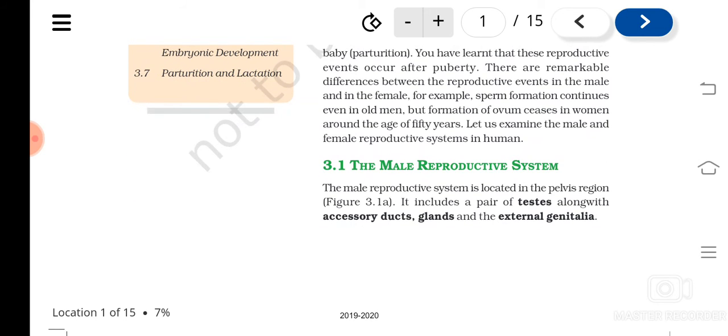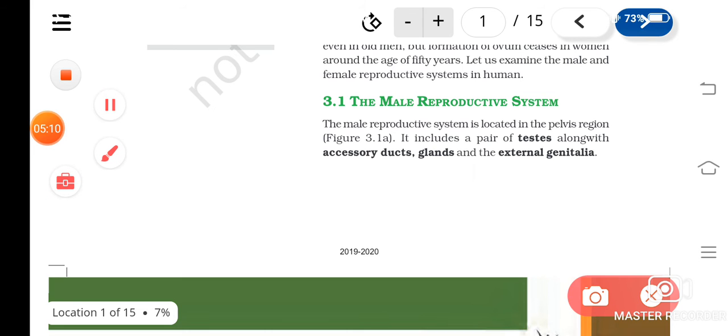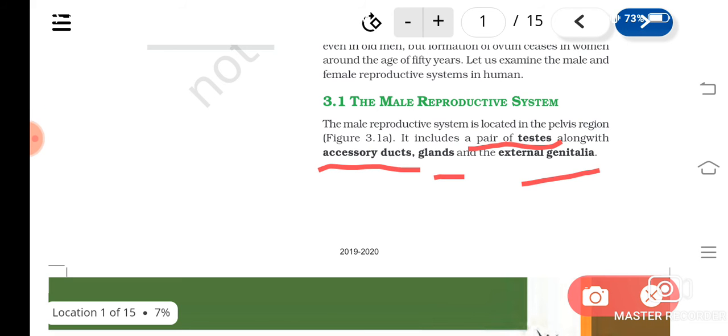The first topic that we have to study is the male reproductive system. The main parts of the male reproductive system are a pair of testes, the accessory ducts, glands and external genitalia.